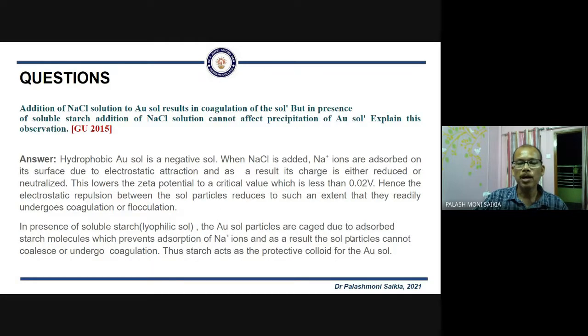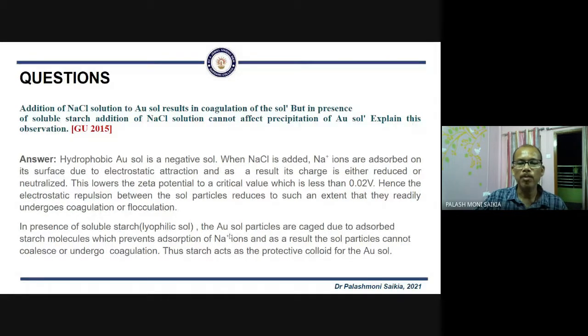So as a result, they cannot come closer. Absorption of sodium ions cannot make it neutral, that is one way, and another way, since the lyophilic sols are absorbed, they form a case, and because of that also the particles cannot come closer.